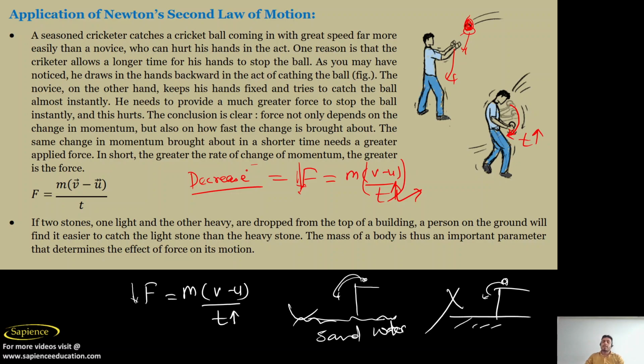Because when you jump onto sand, the change in shape happens, and this takes time. It means that you actually increase the time, and when you increase the time, the rate of change of momentum decreases, and it means that the force is also decreasing. As you know, your mass remains constant, so that's why we prefer to jump on sand or water.